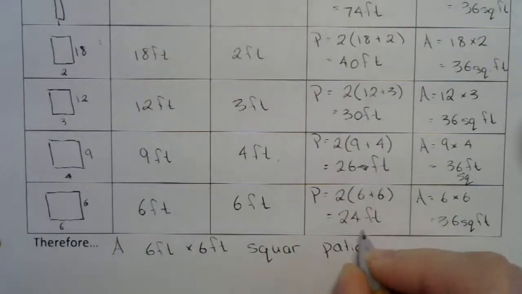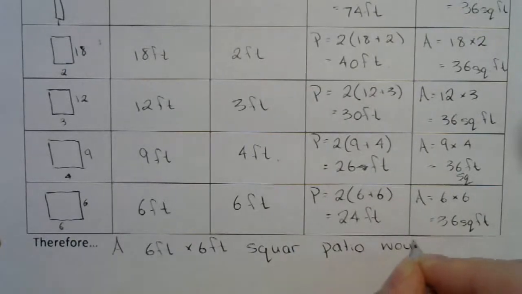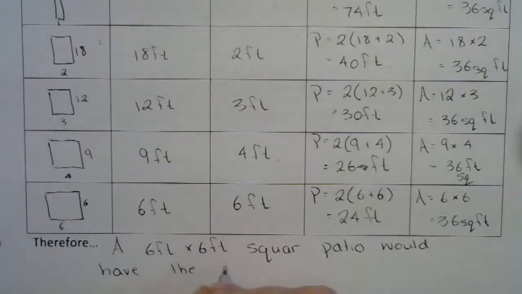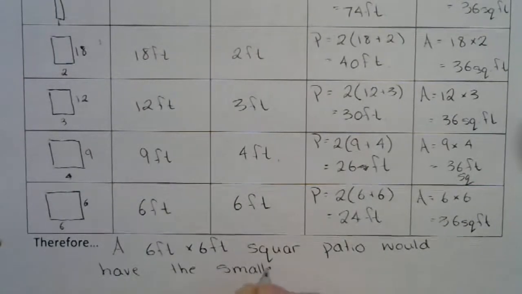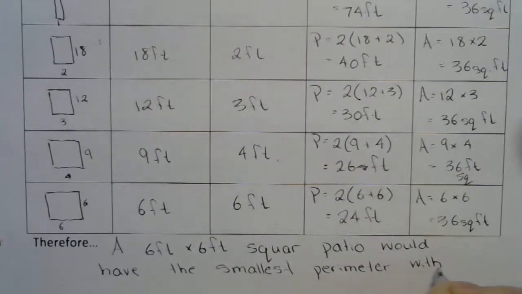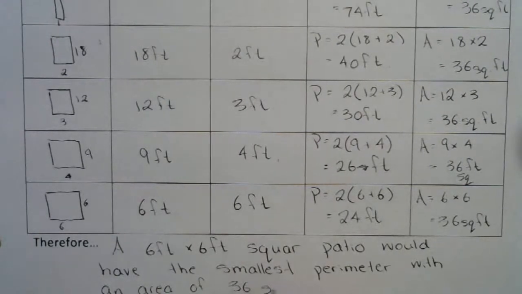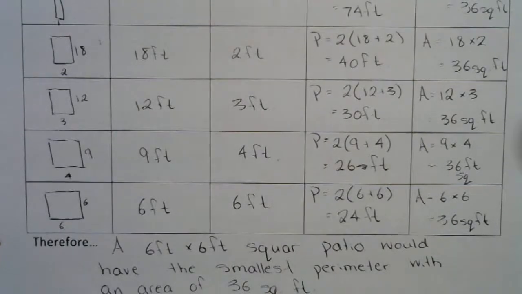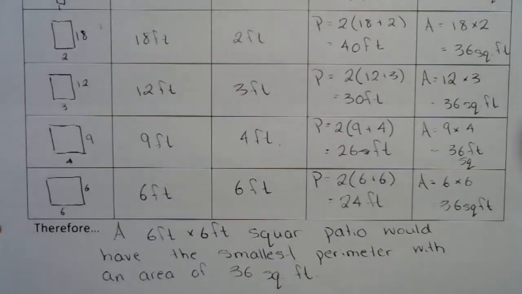Square patio would have the smallest perimeter, with an area of 36 square feet. Okay, so that's the smallest perimeter possible.